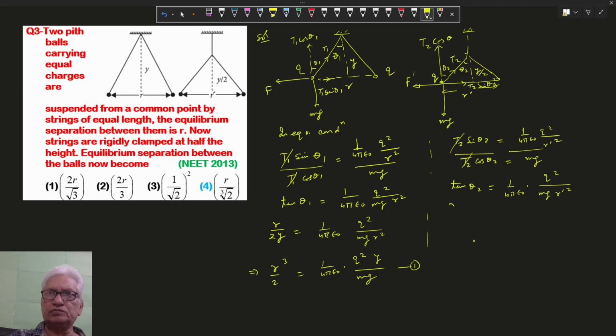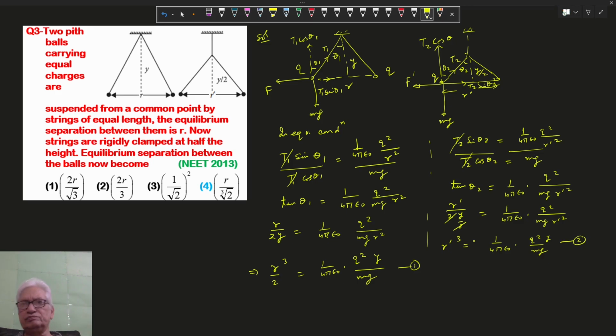Tan theta 2 means r dash by 2 times y by 2, which equals 1 upon 4 pi epsilon naught q square upon mg r dash square. So r dash cube equals 1 upon 4 pi epsilon naught q square y upon mg.